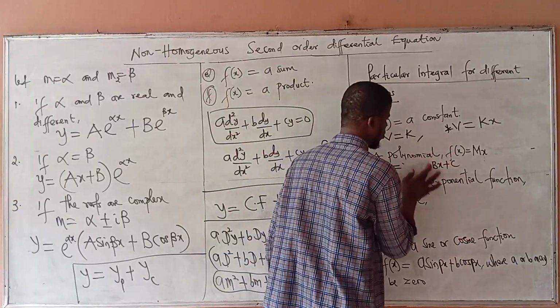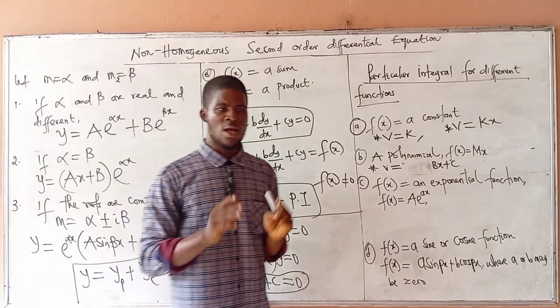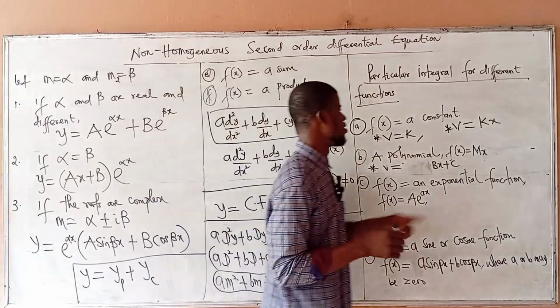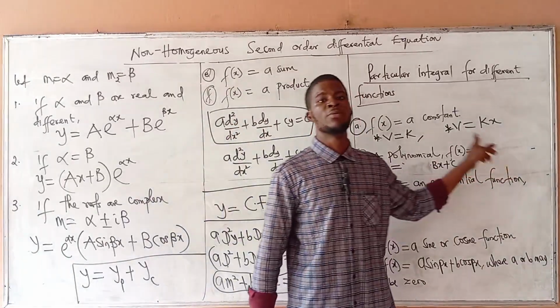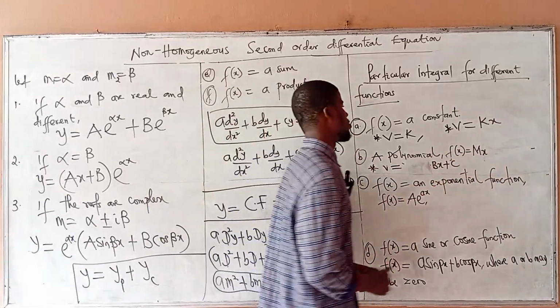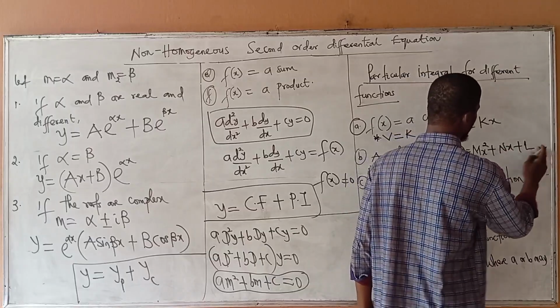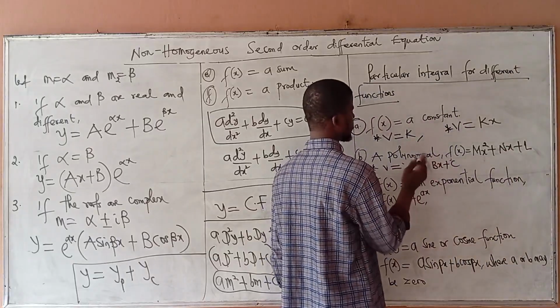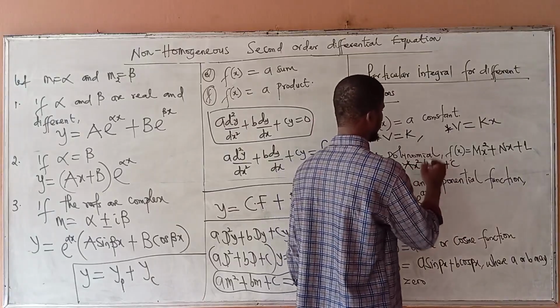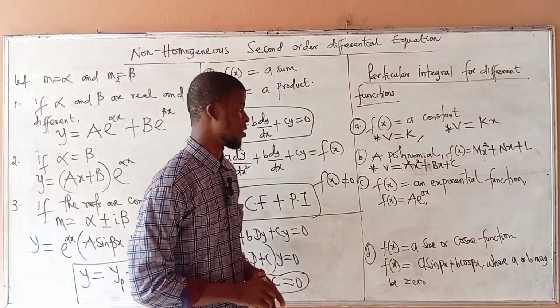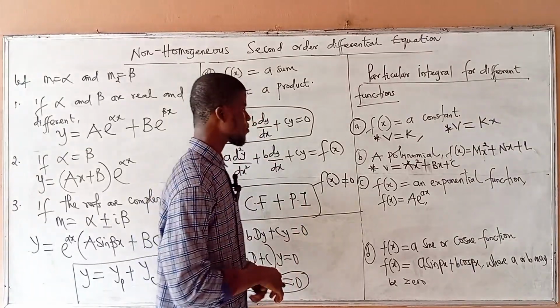I'm not going to put x squared, bx plus c. I hope you understand what I'm saying. The degree of the function determines the degree of the particular integral. So if I have mx squared plus nx plus l, it is going to be ax squared plus bx plus c, and that is the particular integral.